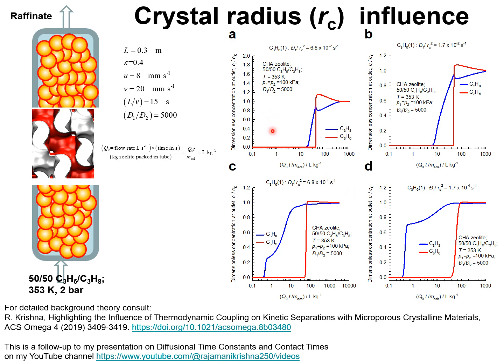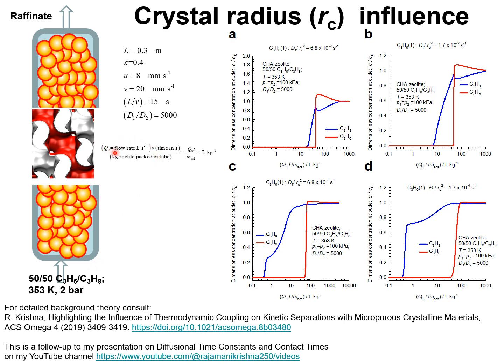And the influence on the component breakthroughs is plotted on the y-axis as the dimensionless ratio of the concentration exiting the fixed bed adsorber divided by the inlet concentration, Ci divided by C0, and this is plotted as a function of a modified time parameter, which is Q0, the flow rate of the gas mixture at the inlet, in units of liters per second at the actual temperature, 353 Kelvin, and actual pressure, 2 bars.